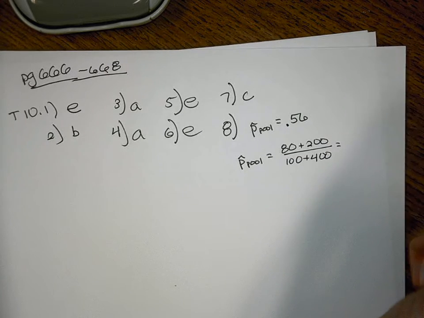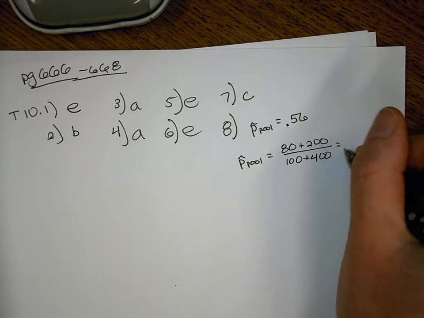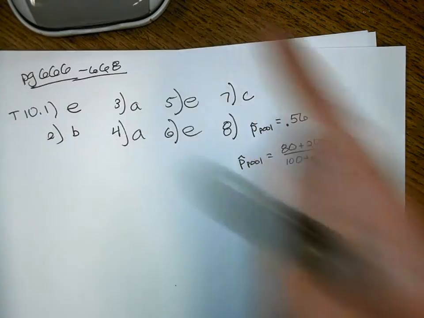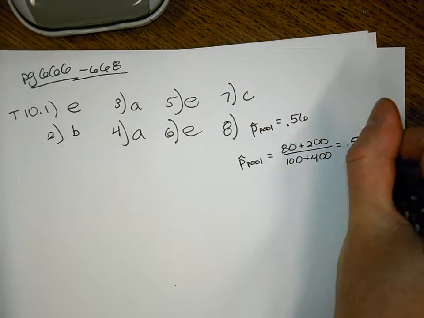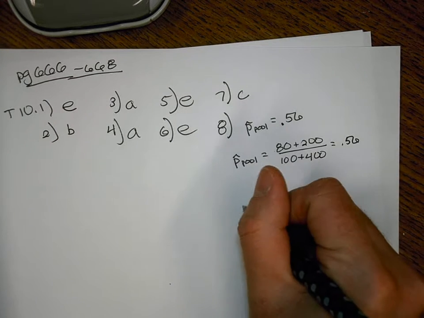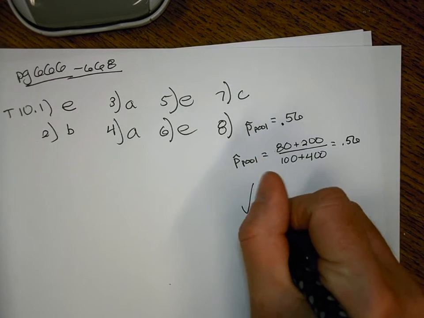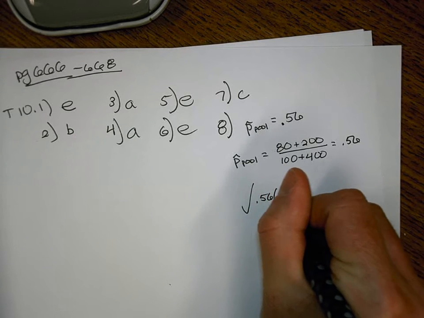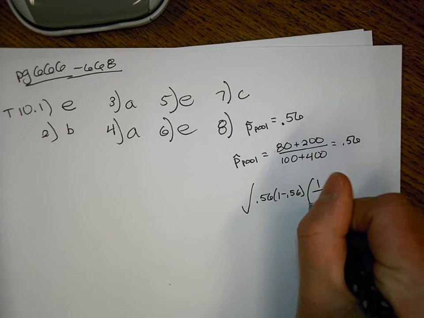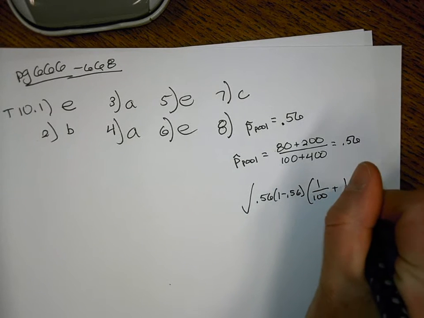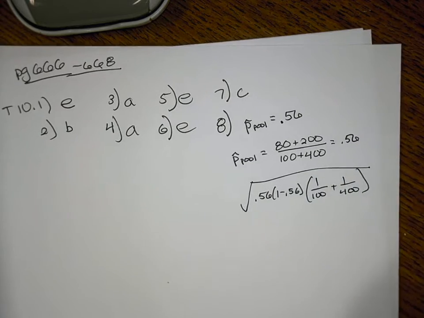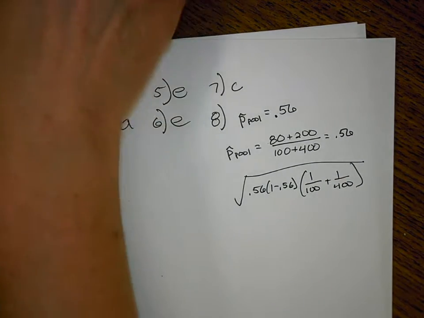And if you do the math there, we should get 280 over 500, which is the 0.56. That's where that came from. So we need the 0.56 times 1 minus 0.56 times 1 over n1, which was 100, plus 1 over 400. And that will give us our answer.